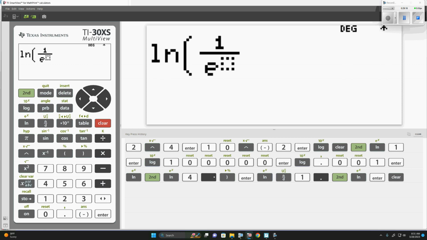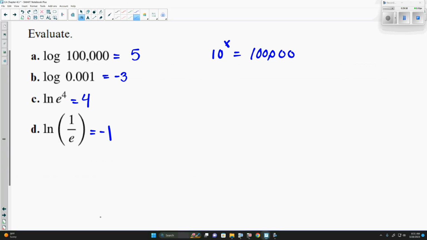But if e doesn't have an exponent, the exponent's understood to be what? 1. So I still have to put into the calculator an exponent of 1 with e, because the calculator is expecting there to be an exponent. It's not just going to assume it's 1, it needs to be told. We need to tell it that it's 1.